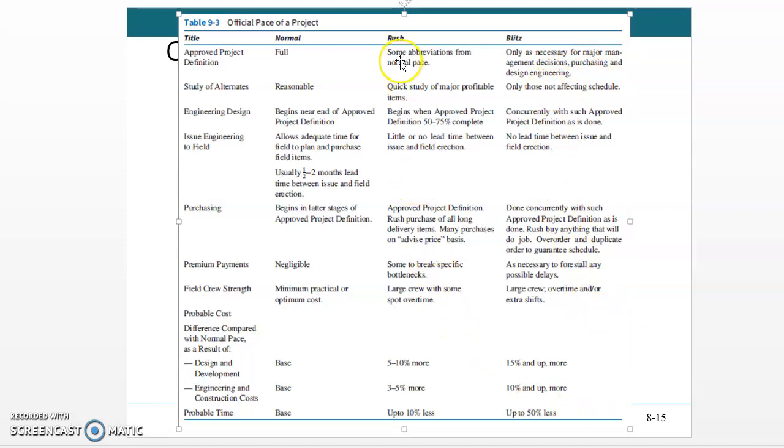So in the rush approach and the blitz approach, different aspects or characteristics have been compared over here, and you can study this.